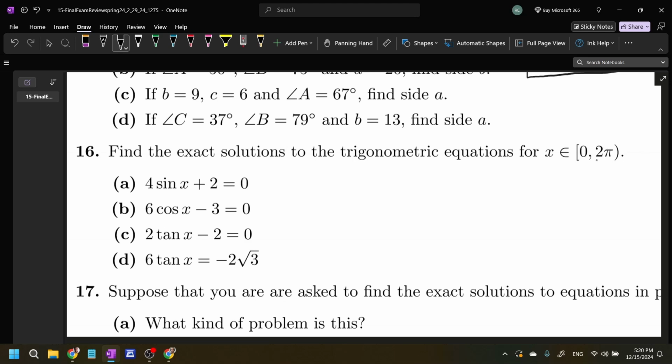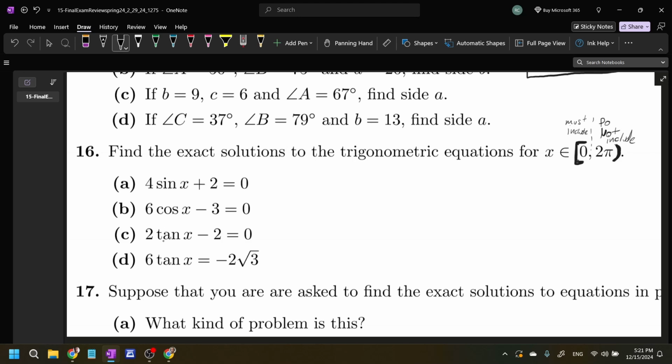So if 2 pi is one of our answers, we do not include it, because we've got a round bracket. Conversely, if 0 is one of our solutions, we must include it because it's got a square bracket.